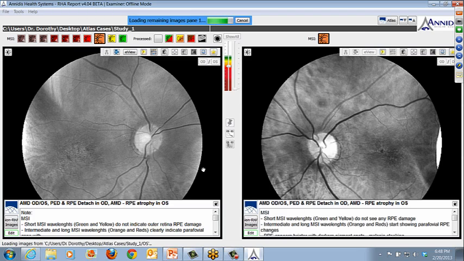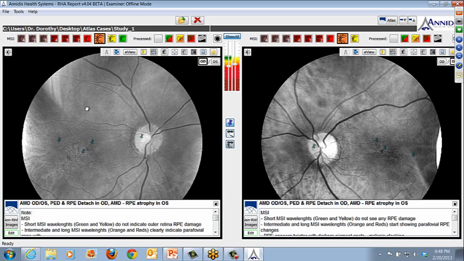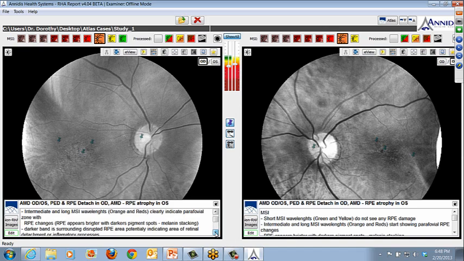And what will pop into your view are examples of the pathology that's listed. So in this particular case, this is age-related macular degeneration with some RPE atrophy. There'll be annotations on each slide that reveal what you're looking at at any particular point that you have a pin. There'll also be an overview description below here.